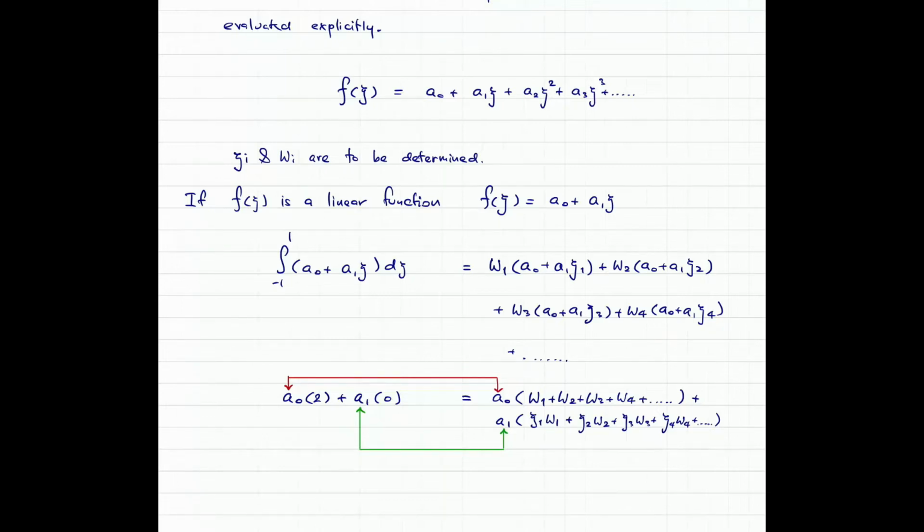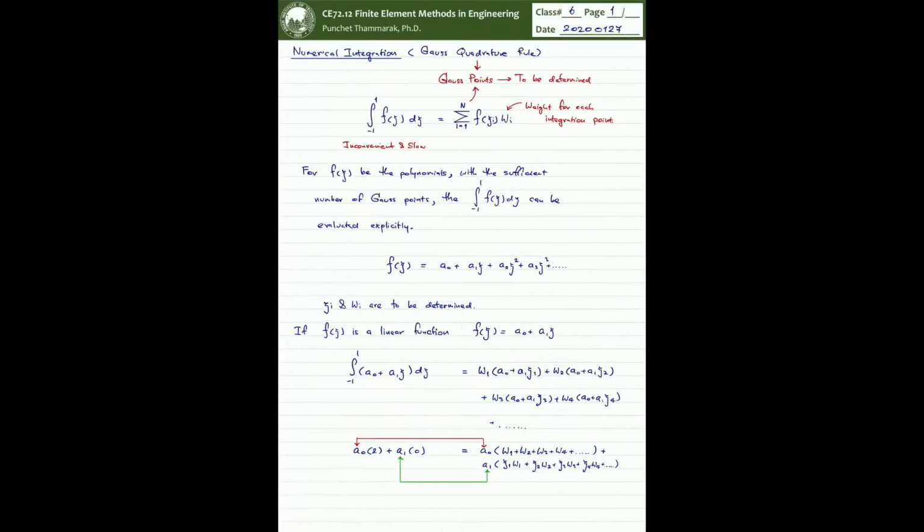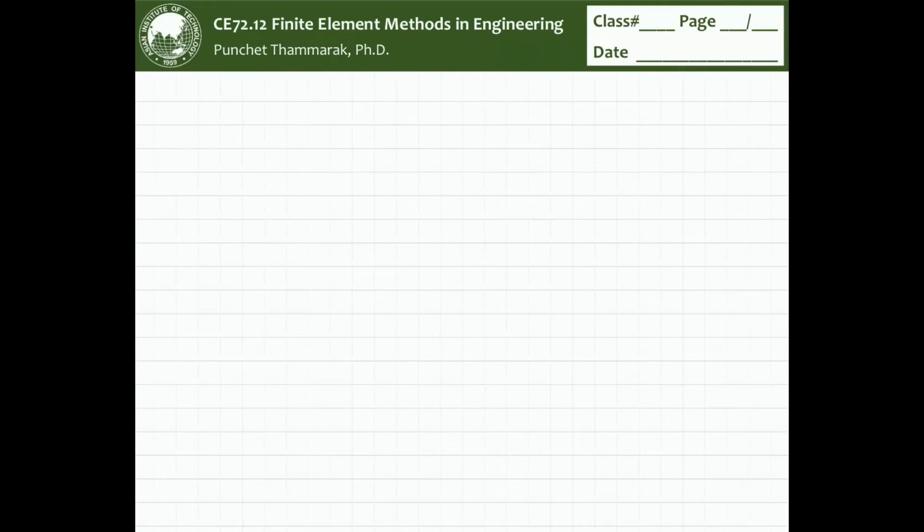So let's write that down. We're going to end up with two equations. The first equation, 2 is equal to W1 plus W2 plus W3 plus, and the second equation, 0 is equal to C1 W1 plus C2 W2 plus C3 W3 plus.